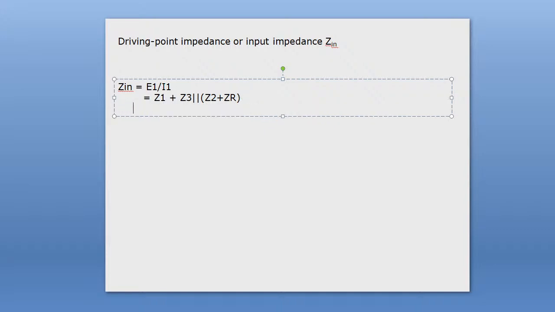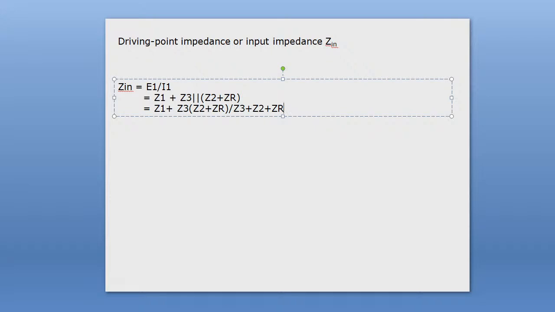The input impedance E1 by I1 will be equal to, if we represent in terms of the given impedances of the circuit Z1, Z2, Z3, ZR, where ZR is the load impedance, Z1 plus Z3 times Z2 plus ZR, divided by their sum, Z3 plus Z2 plus ZR.